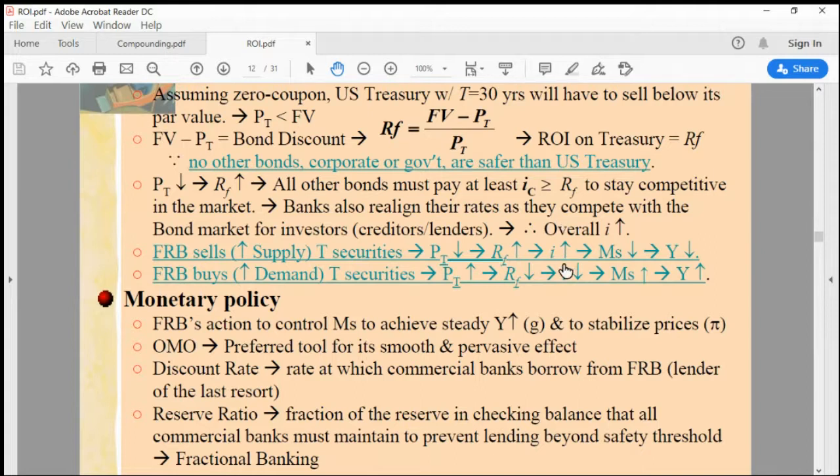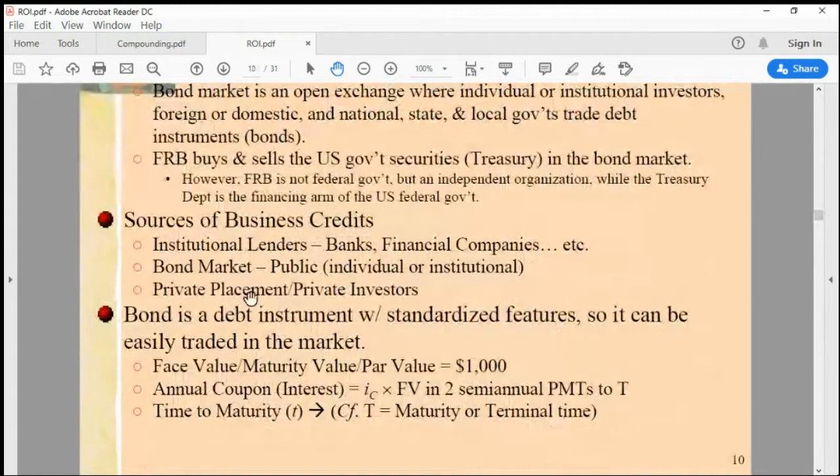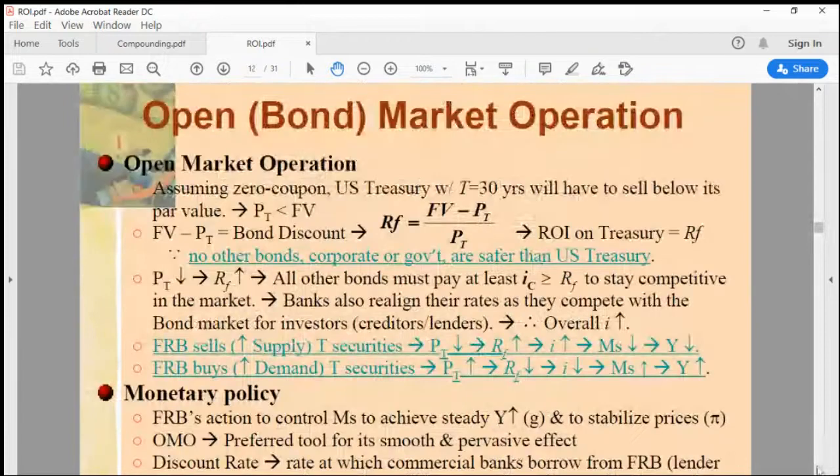This is not only the bond market. Now remember, think about it. Didn't we look into 3 possible sources of business credit? One is through the bond market, from sale of bonds. Second, they can borrow from institutional lenders such as banks. Now then, think about it. Banks are also competitors.